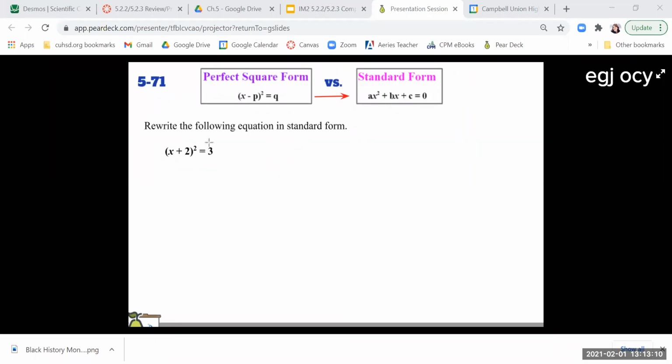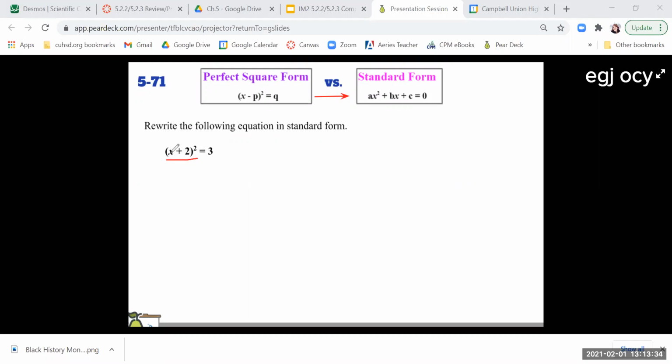In order to do that, I need to multiply out x plus 2 squared. And I want you to be very, very careful. When you square an expression like this, you don't distribute the exponent. That would be incorrect. Remember, when you square something, it means to multiply it by itself.